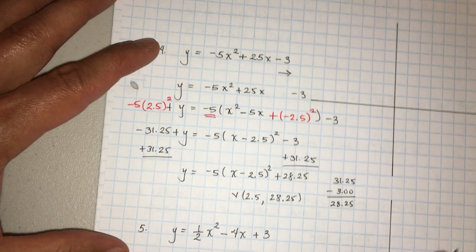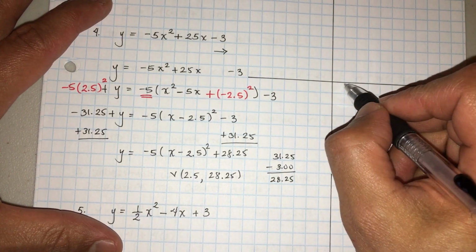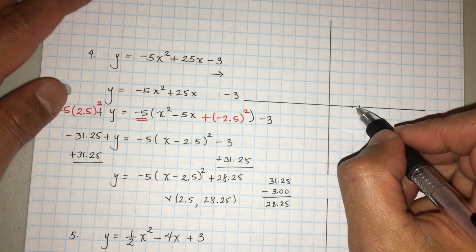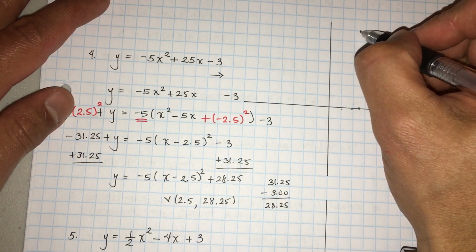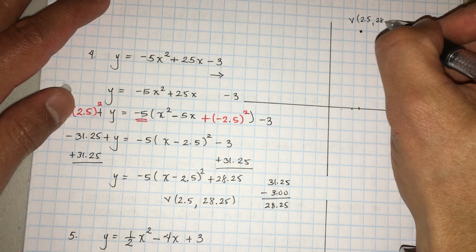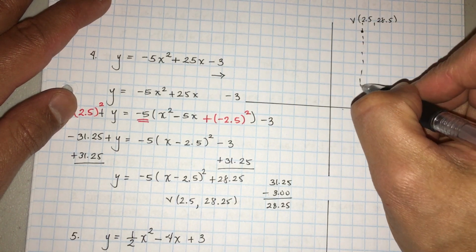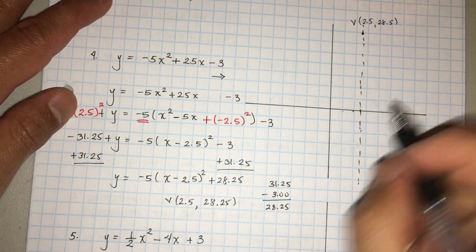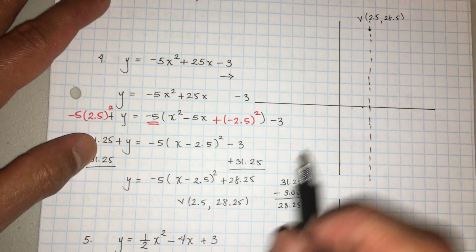Okay, great. So now with this one, let's go ahead and graph it. 1, 2, 2.5. Aquí está 2.5 and then 28. Boy, it's really high up there. I'm just going to say it's right here. Voy a decir que está acá. So this is 2.5 and 28.5. This is my line of symmetry, línea simétrica. Cuando la x es 0, when the x is 0, it's going to give me negative 3.